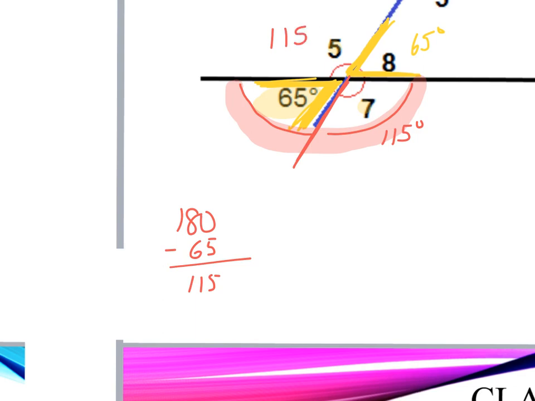This angle plus this angle will total 180. So I'm just going to do a little side work here. 180 minus 65, answer would be 115. So angle 7 is 115. What do you think angle 5 is going to be? Vertical, bow tie, also 115.